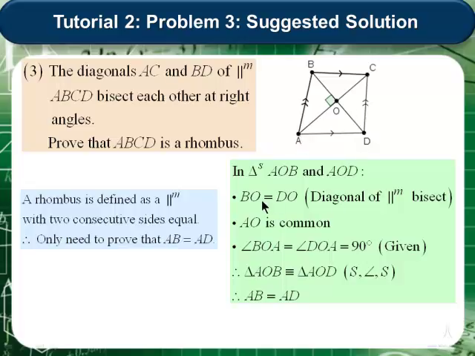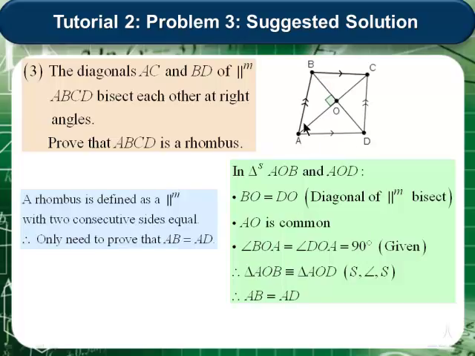Firstly, we can see that BO must be equal to DO, because remember it's a parallelogram and therefore the diagonals bisect each other. AO is common. This angle is given to be 90 degrees, therefore angle AOD must also be equal to 90 degrees, because BOD is a straight angle.